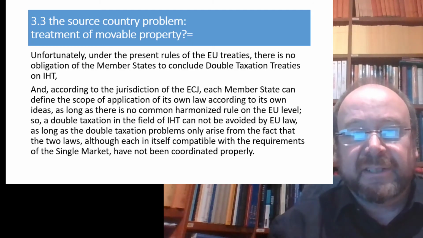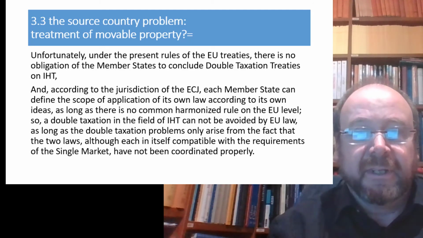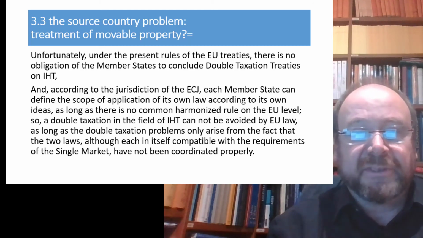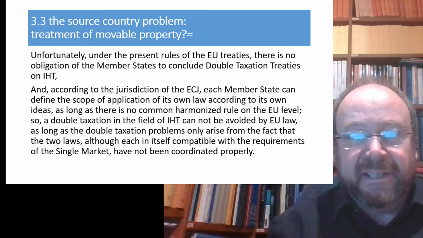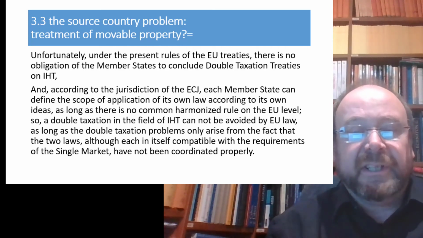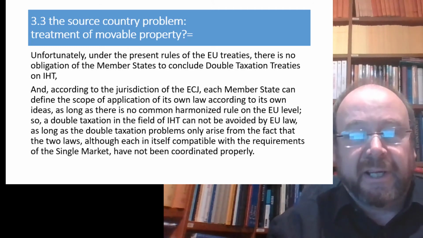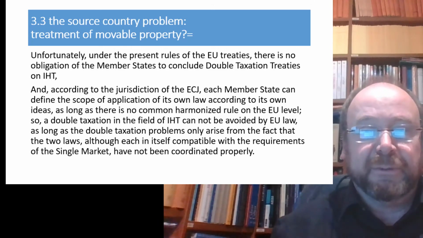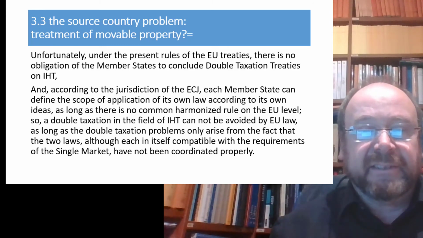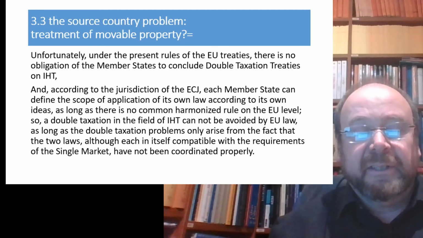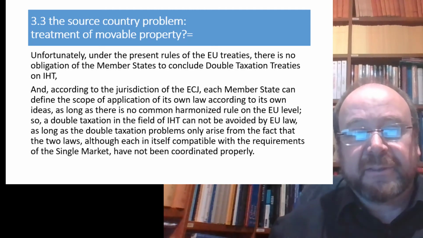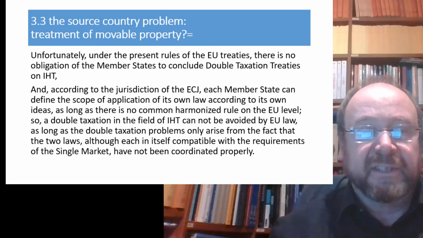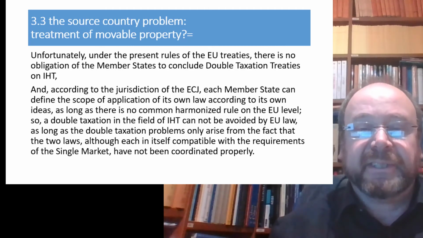In the fields where the member states still are sovereign, where they still can write their laws on their own, they can also freely determine to which constellations and cases their laws apply, and when not, they want to take back their claims by a unilateral renunciation of tax revenue. So there's nothing in that field which might help if you make a mistake and a case constellation arises where unilateral measures don't help you against double taxation, and where there is also no double taxation treaty applicable to this tax.